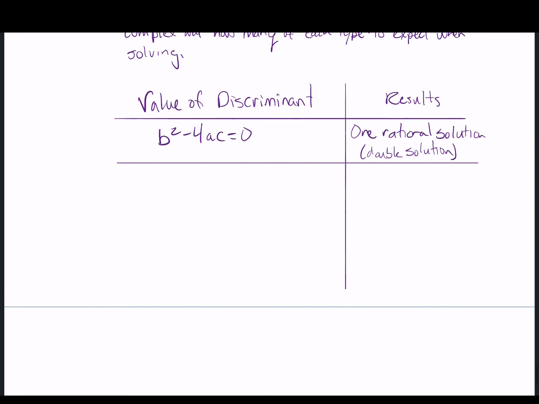What happens when b squared minus 4ac is greater than 0 and is a perfect square? Well, then we get two rational solutions.